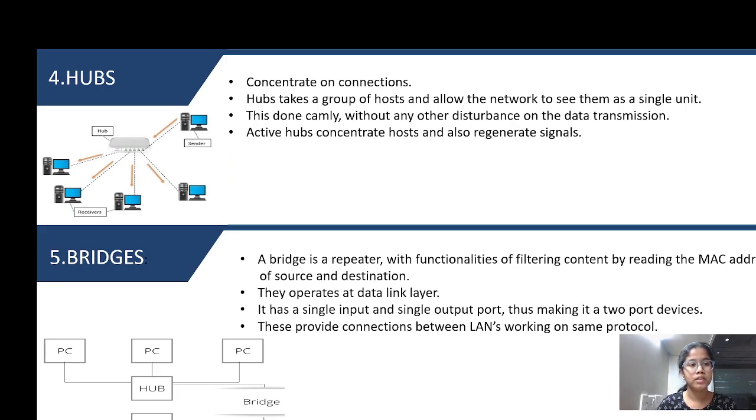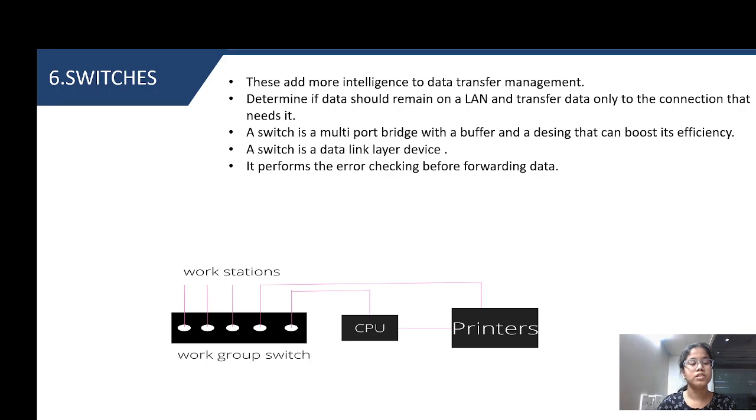Now we'll go for the sixth networking device, which is known as switch. You all have a basic idea of switches, so we'll go somewhat deeper into them. These add more intelligence to data transfer management, determine if data should remain on a LAN, and transfer data only to the connection that needs it. A switch is a multi-port bridge with a buffer and a design that can boost its efficiency.